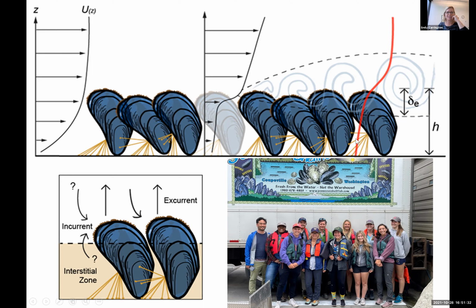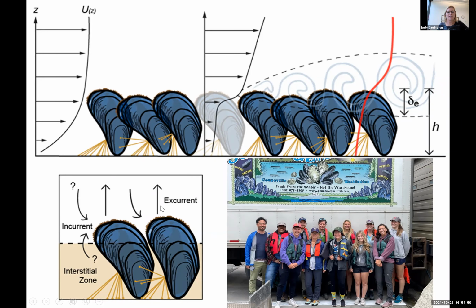the interstitial spaces. And one key feature, which I think makes this a really interesting problem from a fluid dynamic standpoint and a modeling standpoint as well, is that these are just not inanimate objects. They're mussels. Mussels are filter feeders and they have behavior. And so that's going to play into all of the fluid dynamics in these interstitial spaces as well. So specifically, we're interested in the feeding currents.